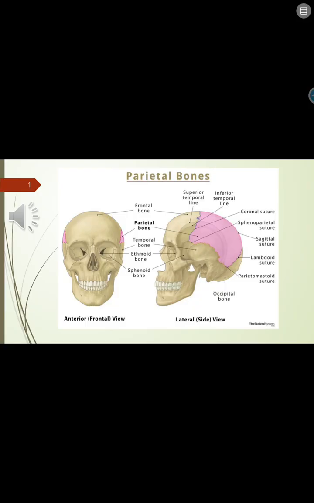The next bone of the skull is the parietal bone. We have two parietal bones in the skull that form most of the cranial roof and sides of the skull. Each parietal bone is irregularly quadrilateral and has two surfaces, four borders, and four angles.